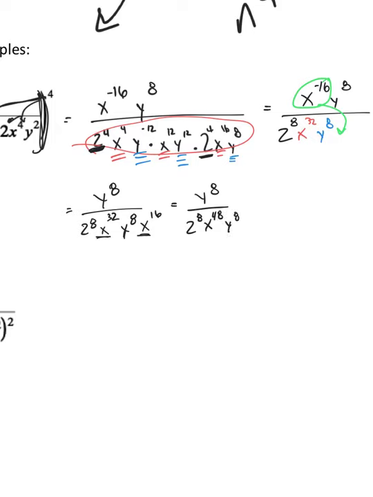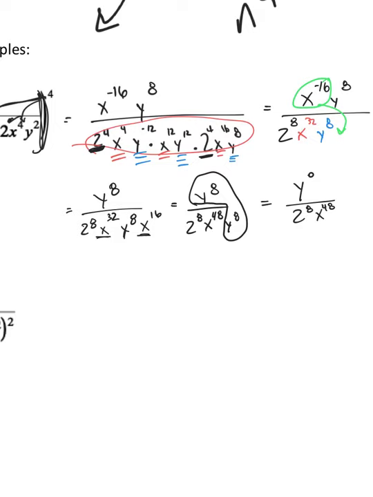Guess what happens when we get a y to the 8th over y to the 8th? Because you're subtracting those powers, you'd have y to the 0. 8 minus 8 is 0.